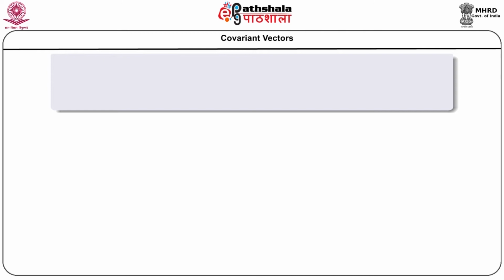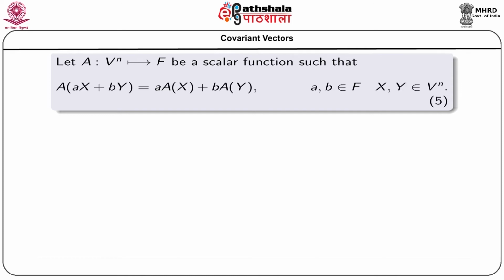Next, we shall discuss about covariant vectors. Now, let A be a scalar function from the vector space to the field F such that A satisfies the linearity condition, that is A(ax plus by) equals a A(x) plus b A(y), where a, b are members of the field F and x, y are members of the vector space V_n.